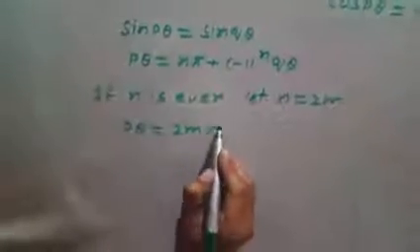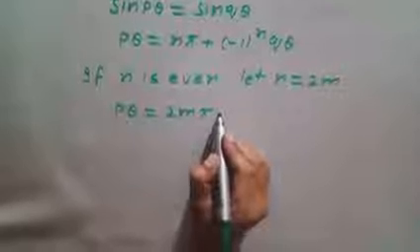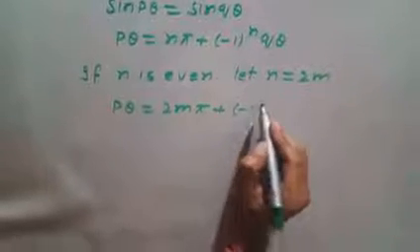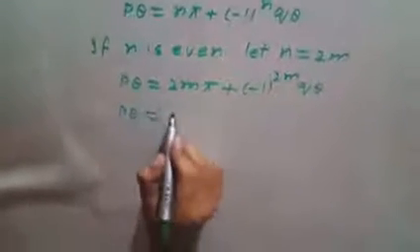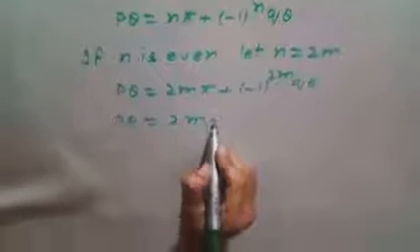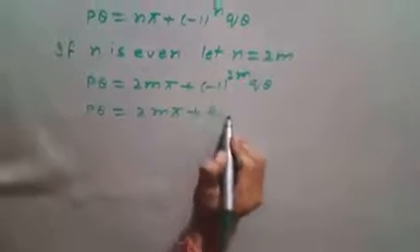So we can write pθ = 2mπ + (-1)^(2m) qθ. We know that minus power even always gives a plus sign, so pθ = 2mπ + qθ.